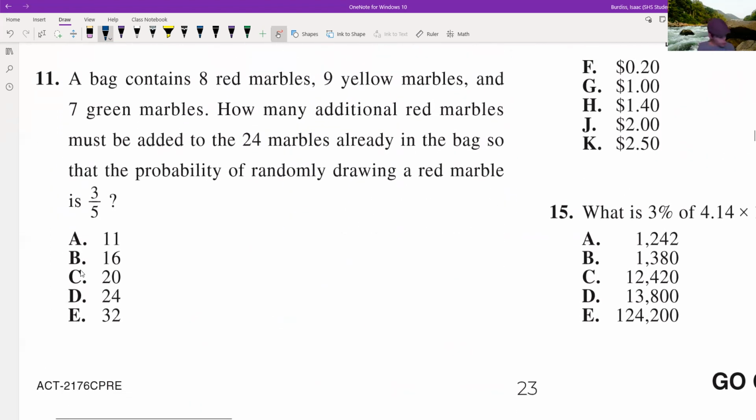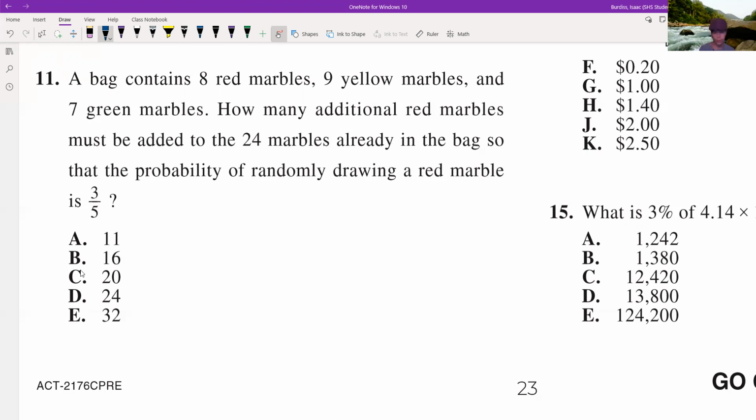Okay. A bag has 8 red marbles, 9 yellow marbles, and 7 green marbles. How many more red marbles must be added to the 24 marbles in the bag so that the probability of drawing a red marble is 3/5?